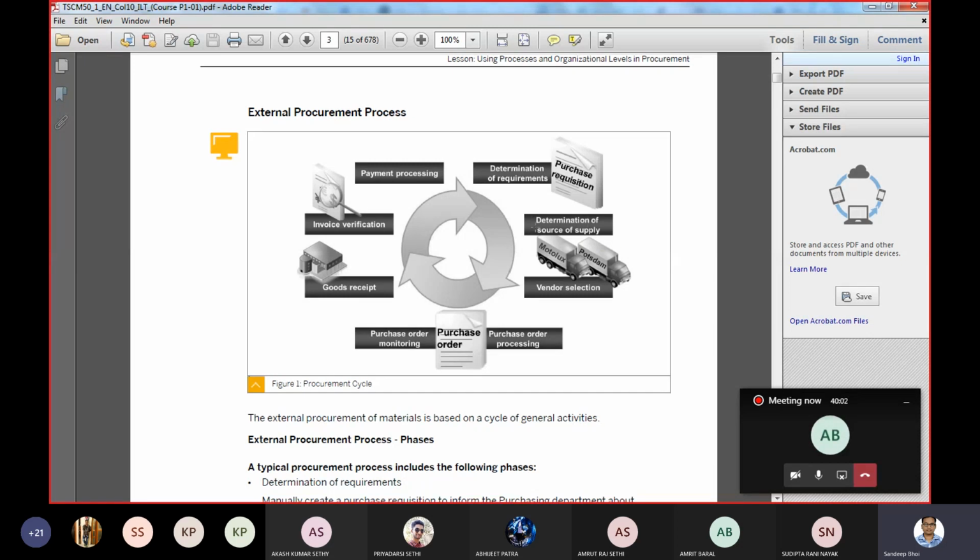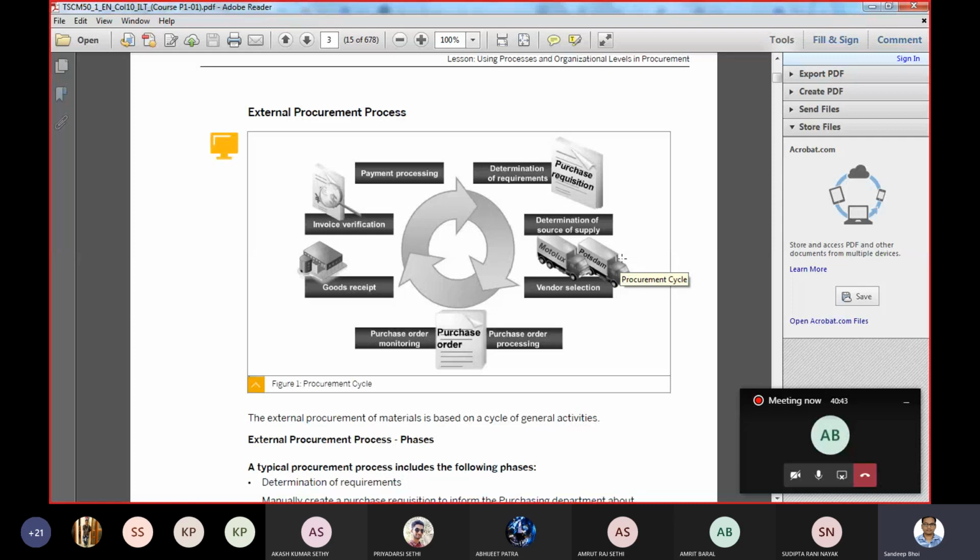Then the vendor will send a quotation. All these things we will discuss in total.